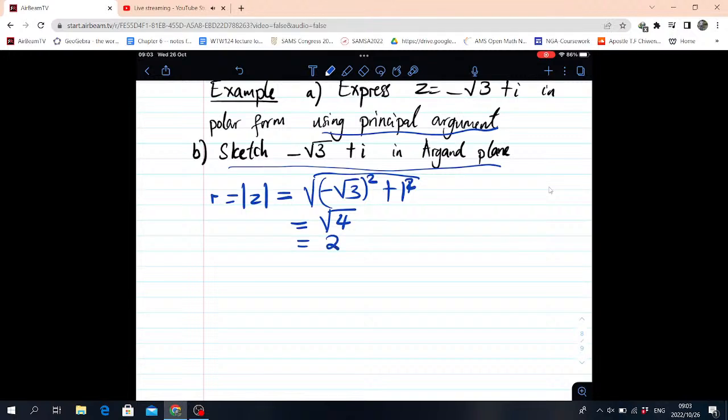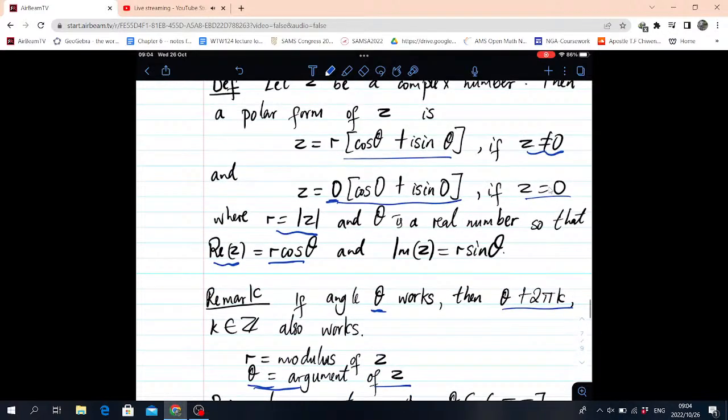So that is the modulus r. And once we find that, z, which is equal to minus the square root of 3 plus i, is going to be 2 times cos theta plus i sine theta, right? That's what the definition says here.